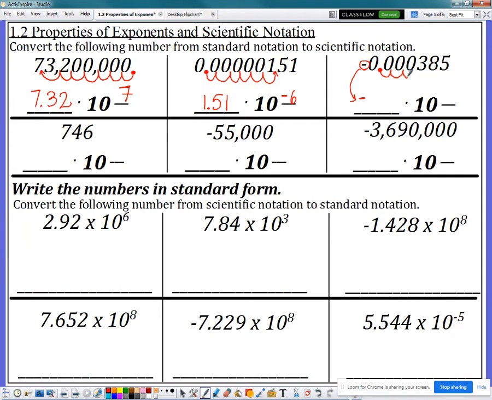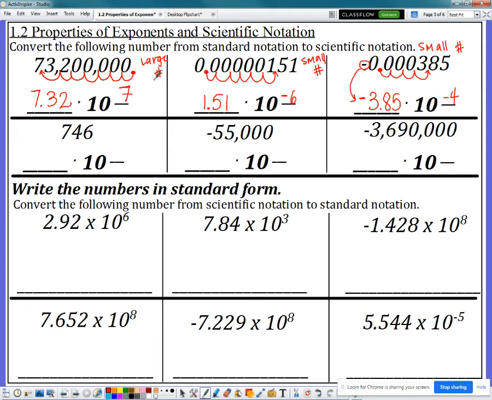So 1, 2, 3, 4. So it's negative 3.85 times 10 to the negative 4th. Remember, your exponent has to be negative because this is a small number. This was also a small number. So remember, your small numbers will have a negative exponent, while your large numbers will have a positive exponent.